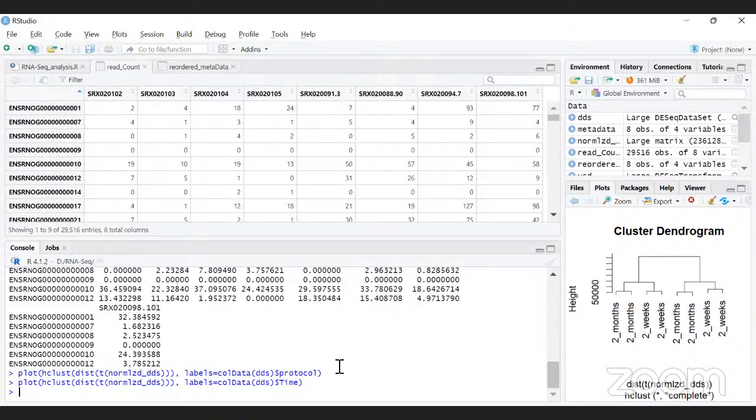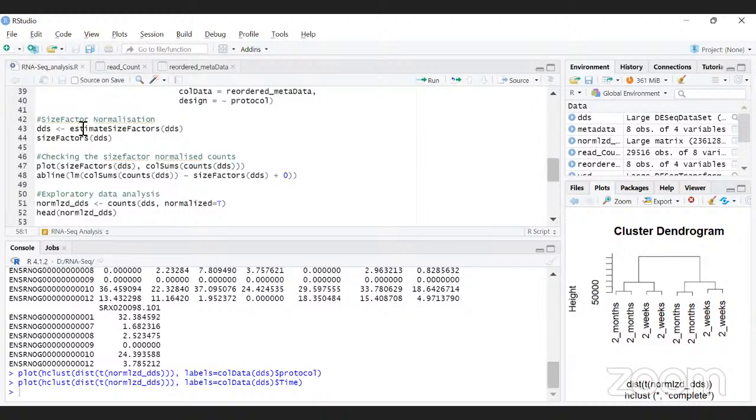You have several packages to do that for you, or you can write your own function if you know the steps to normalize it. For example, in DESeq, like I said, you have a function called estimateSizeFactors to do the specific steps to normalize your reads.